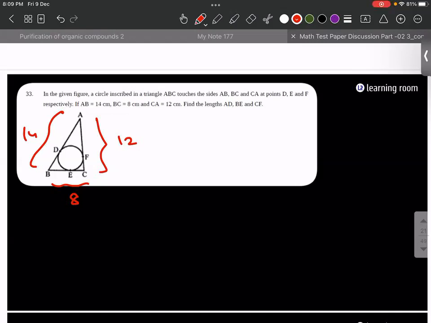AD is 9 centimeters. So how do you get it? If I take this as X, this will be X, this will be Y, this will be Y, this will be Z, this will be Z. So X plus Y is 14, Y plus Z is 12, and X plus Z is 8.